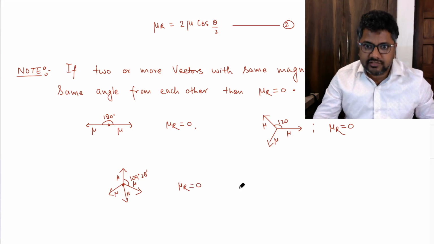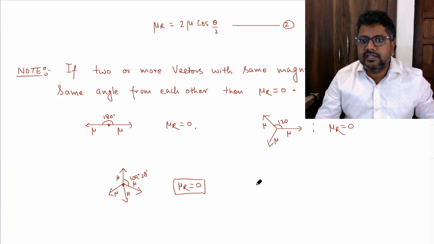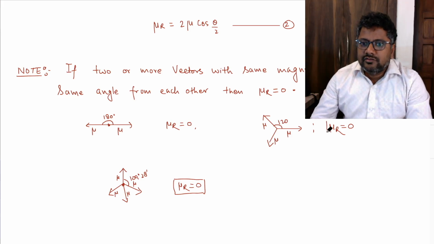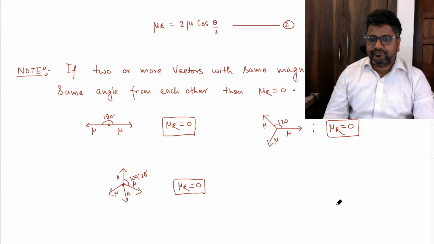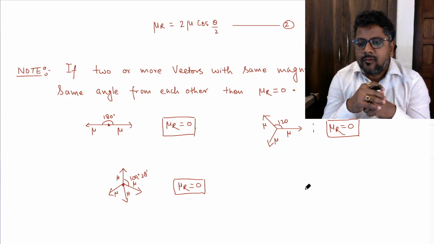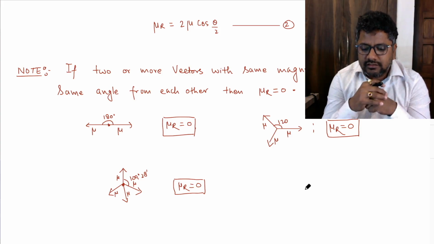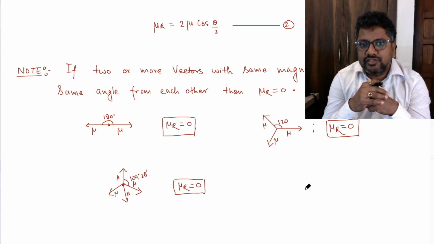So if in any molecule, equal magnitude vectors are oriented at equal angles, then the overall resultant dipole moment of that molecule is 0.